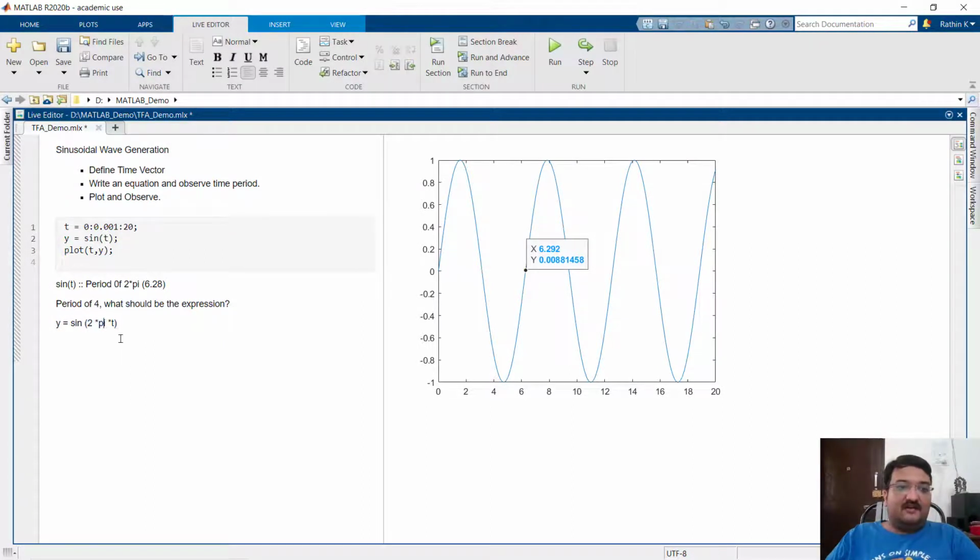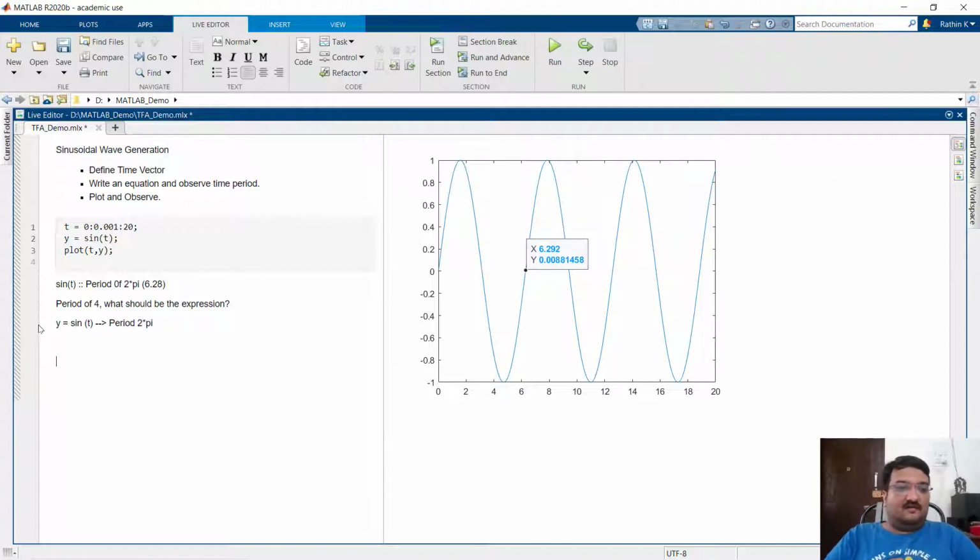So in a way, we are scaling the entire scale. Instead of t, now we are multiplying with 2 pi. So between 0 to 1 only, you will get one time period. Again, I'll repeat, y is equal to sine of t has a period 2 pi.